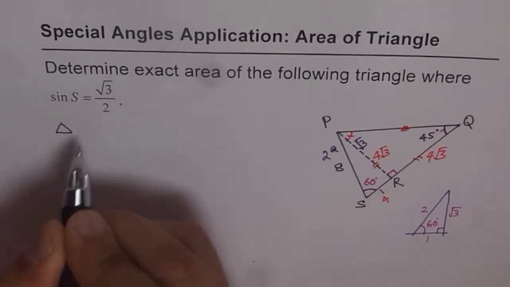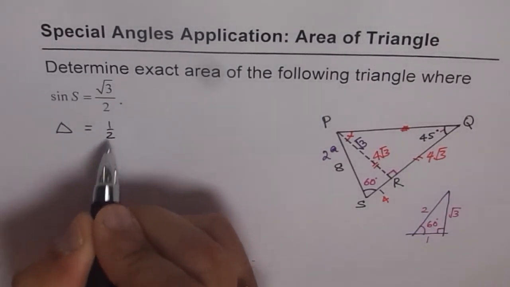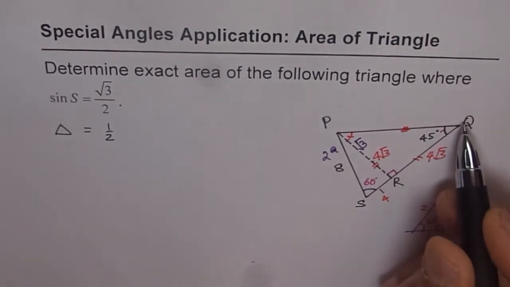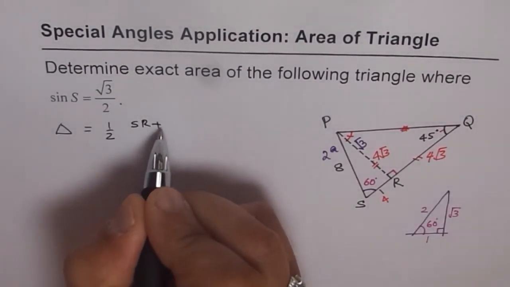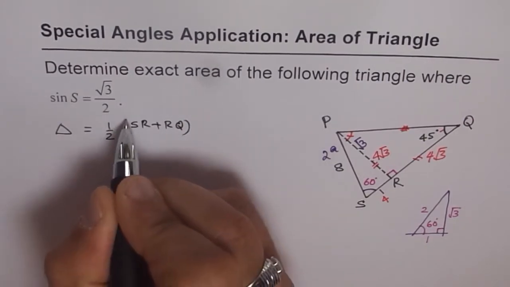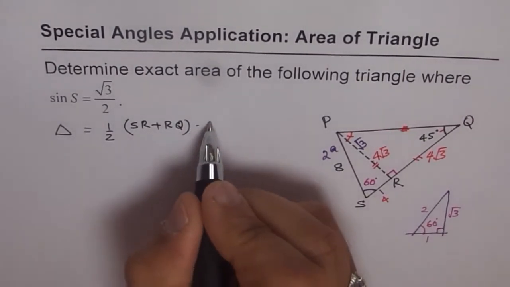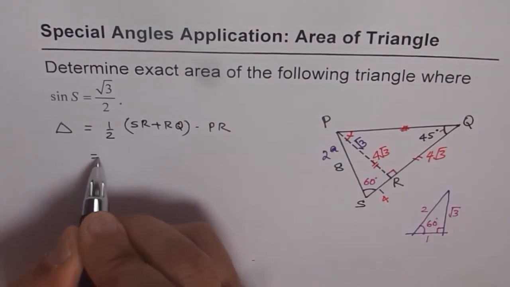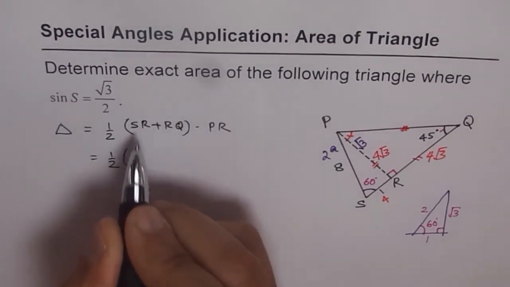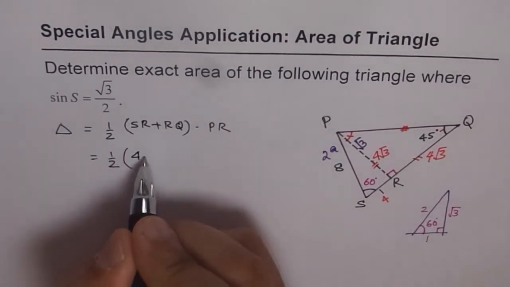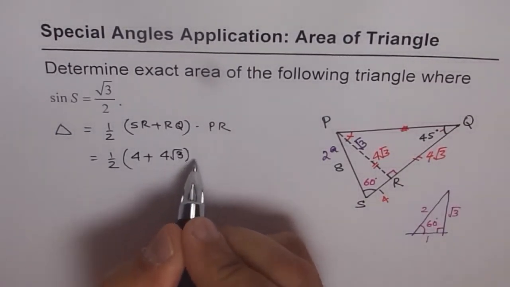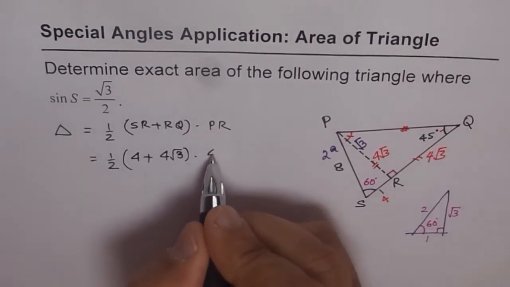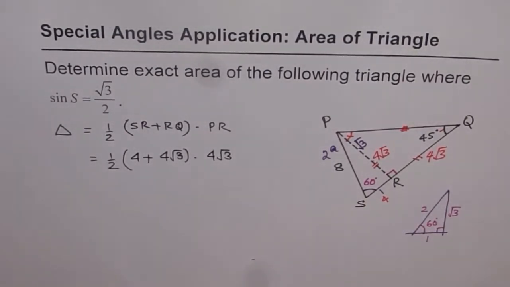We say area of the triangle is equal to half base, which is SQ. I should write this as SR plus RQ, times height, which is PR, correct? So this is equal to half, SR is 4 for us, plus RQ is 4 square root 3, times PR, which is 4 square root 3. You see that? So we get our answer.